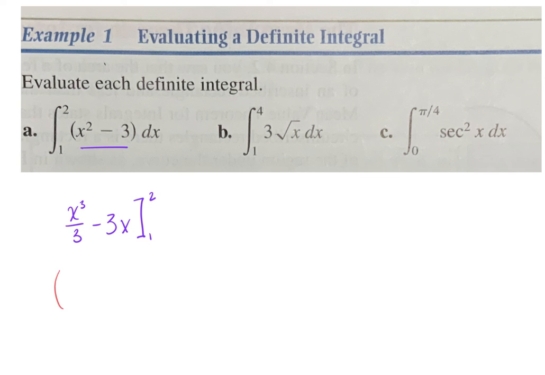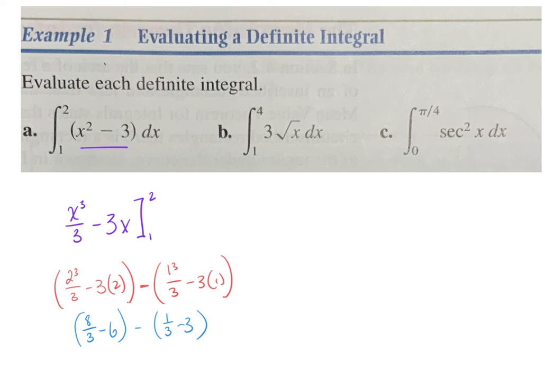So this first group is going to be 2 cubed over 3 minus 3 times 2, all right? Minus what happens when I plug in a 1. 1 cubed over 3 minus 3 times 1, all right? And so then I am going to say 2 cubed, that's 8 over 3 minus 6, right? Minus 1 over 3 minus 3.